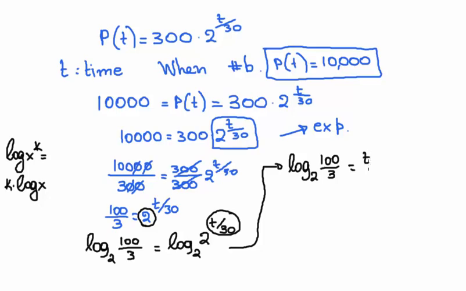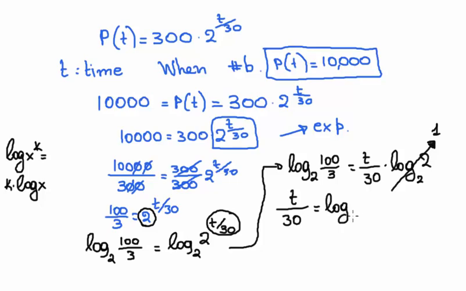So this is going to be equal to t over 30 times log with base 2 of 2. Now, remember the log of a number on the same base is equal to 1. So I have managed to change my equation to the following simpler equation that tells me that t over 30 is equal to log of 100 over 3.